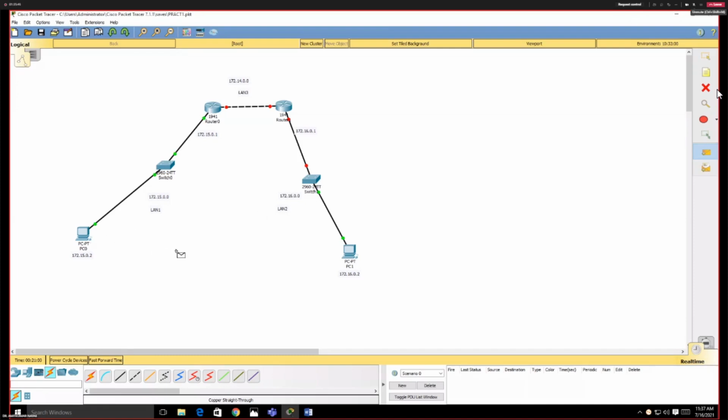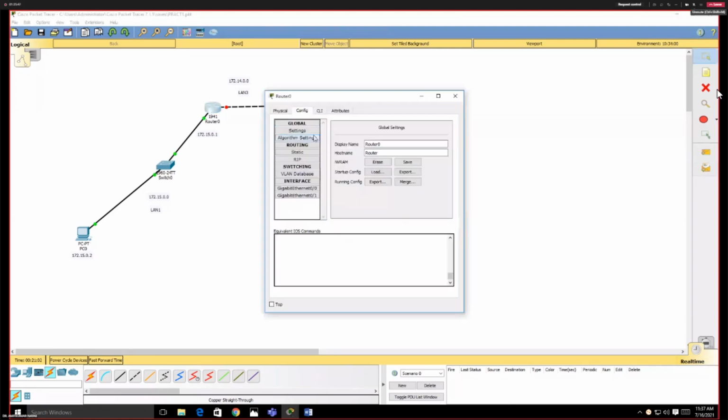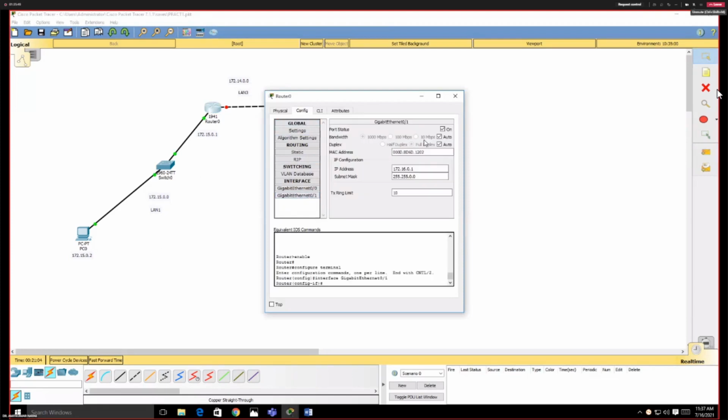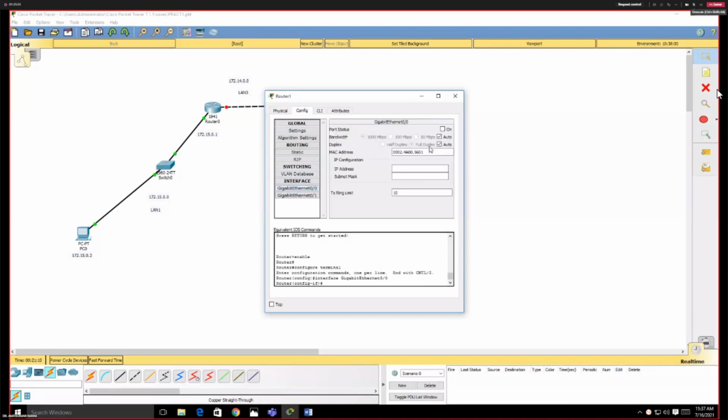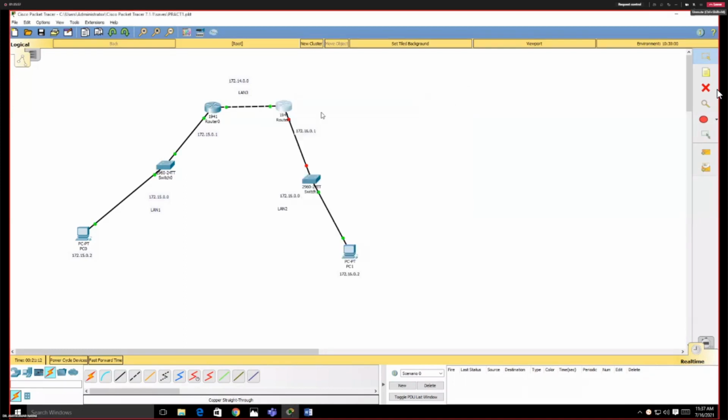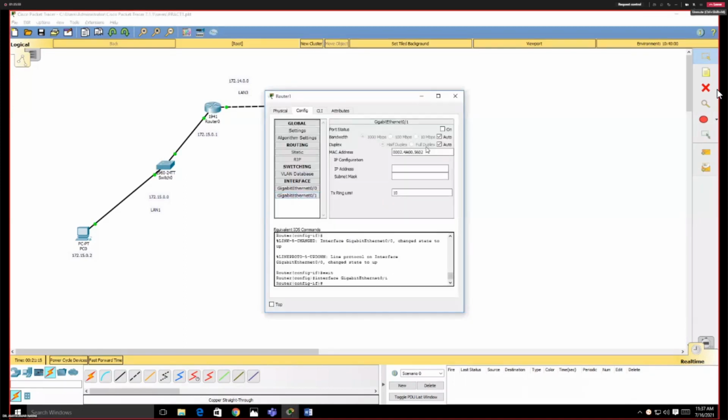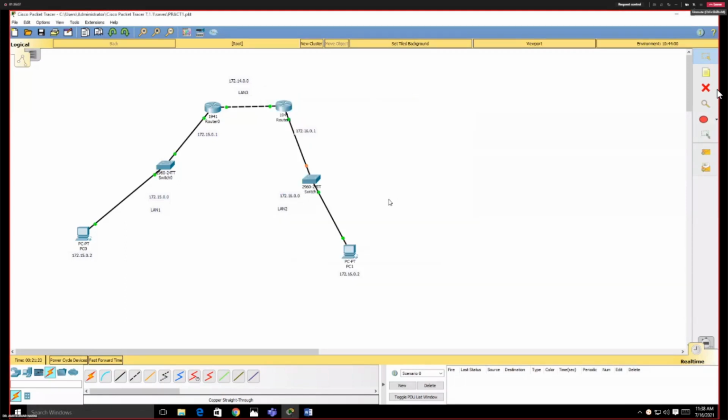You cannot send data. See, I have added this router. If I click on the router and turn the status of the port to on state, then also in this topology, you cannot send data from LAN 1 to LAN 2.